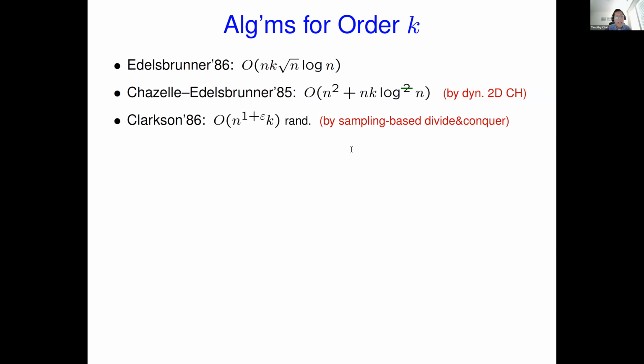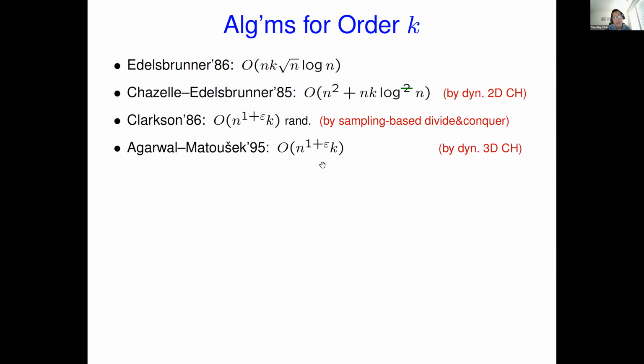Ken Clarkson in '86 gave a different randomized algorithm with runtime that is close to n times k, but with an extra factor of n to the epsilon. But the advantage is that there's no extra n squared overhead term. Okay, and this was done using random sampling-based divide and conquer. Then later, Agarwal and Matoušek gave a deterministic algorithm with essentially the same runtime.